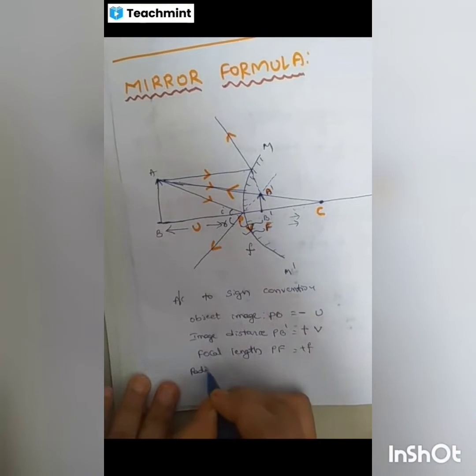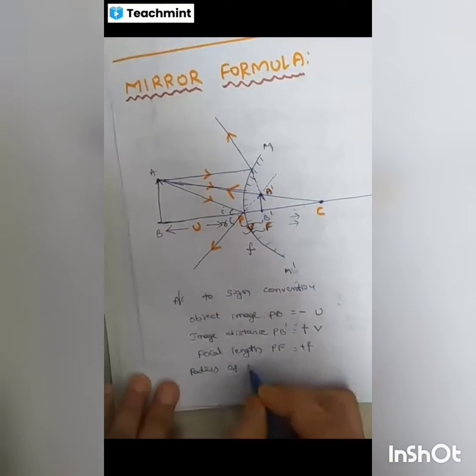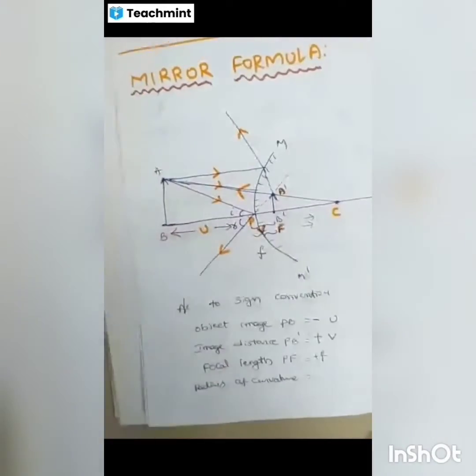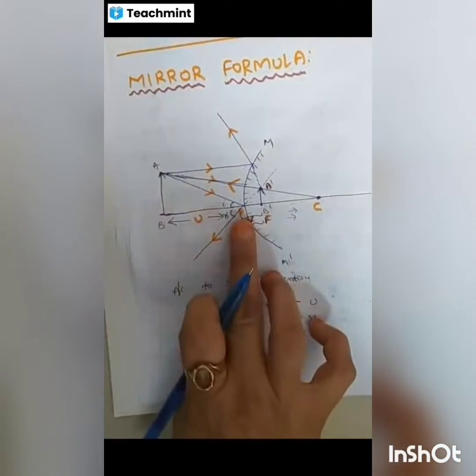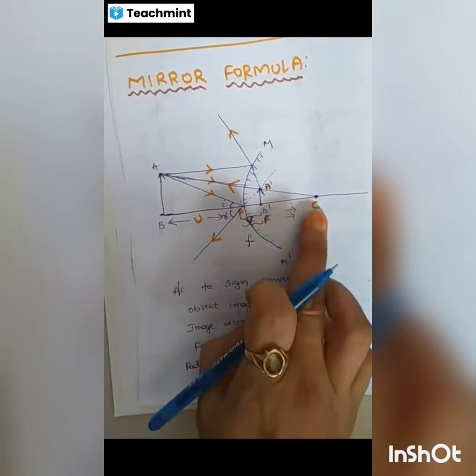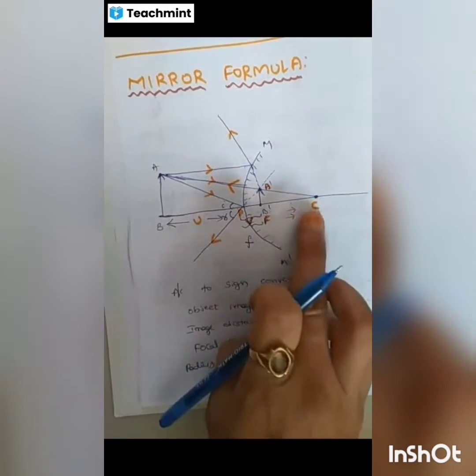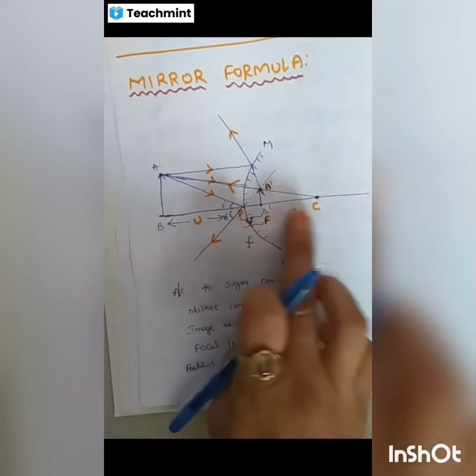And one more distance we have to measure is the radius of curvature. Radius of curvature is also the distance from P to C. We measure like this, and the incident ray is also in this direction.